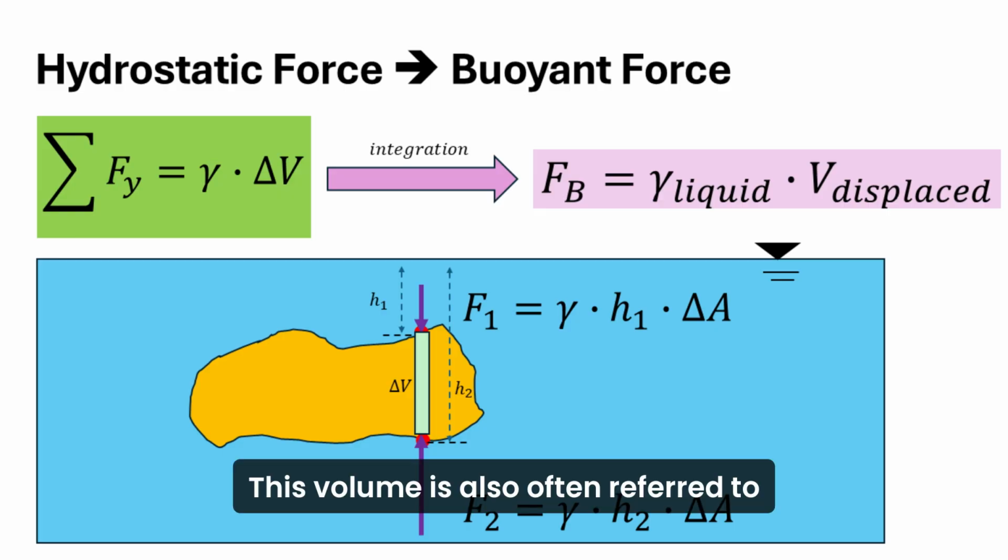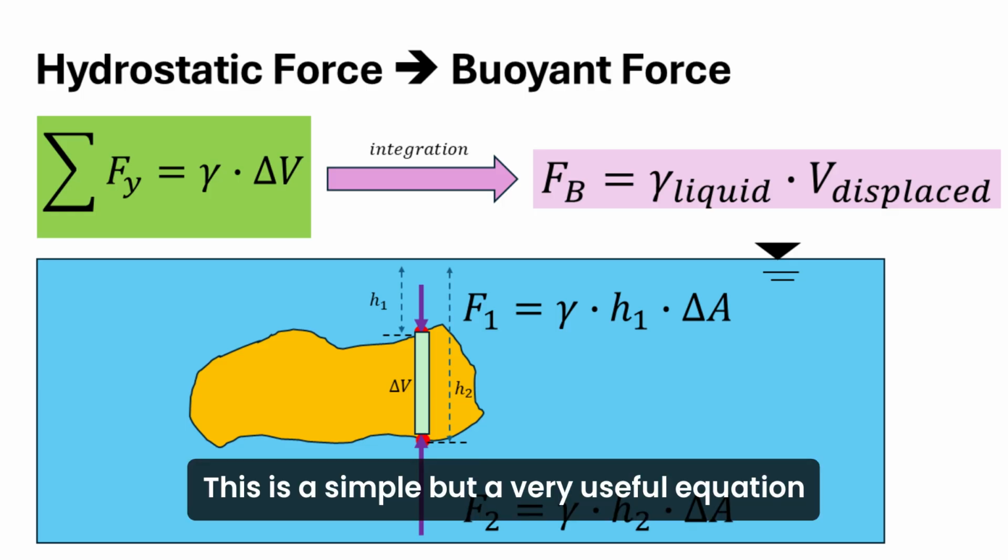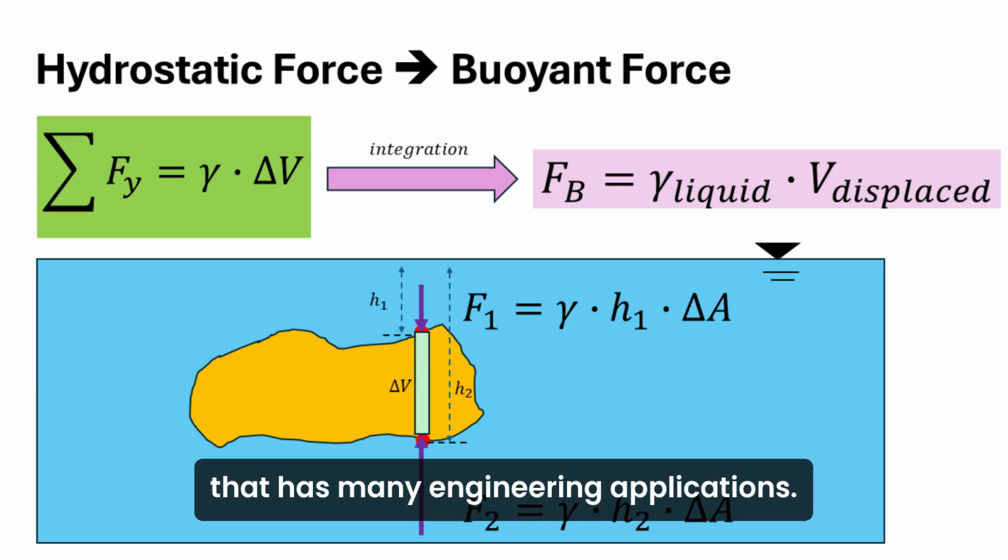This volume is also often referred to as the volume of the liquid displaced by the submerged object. This is a simple but very useful equation that has many engineering applications.